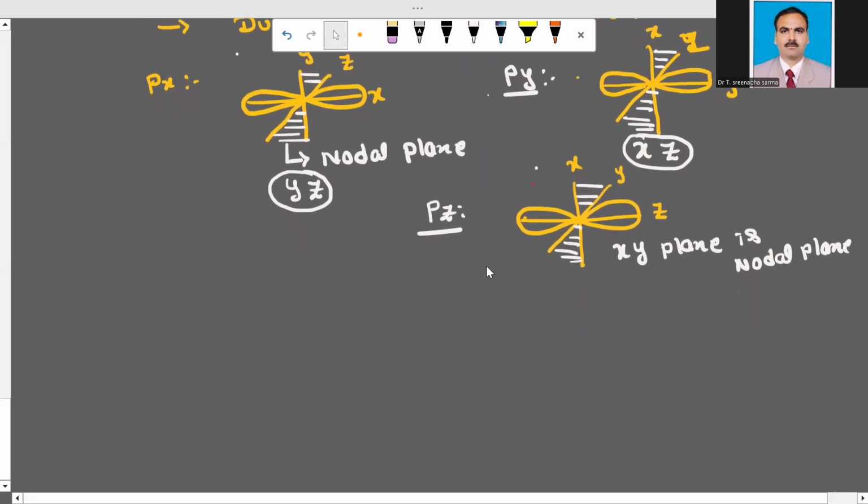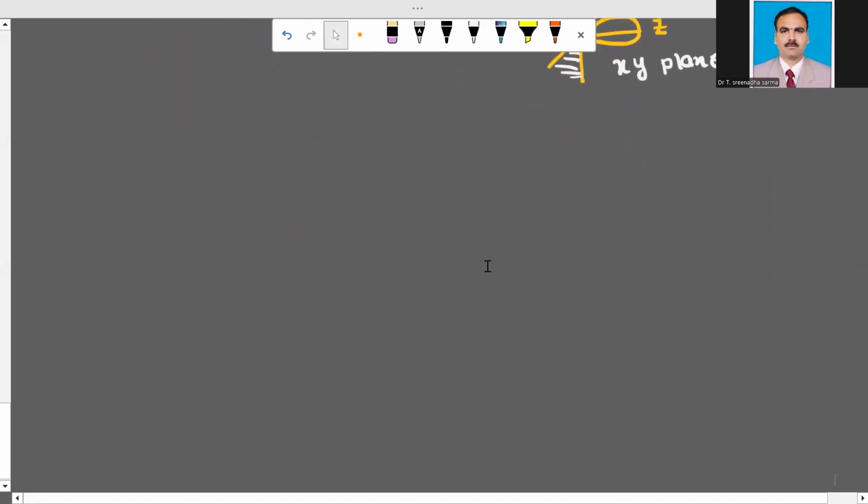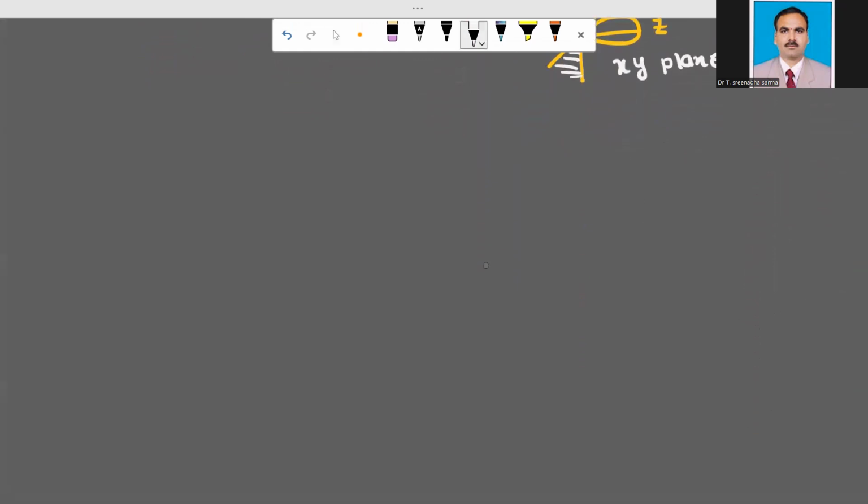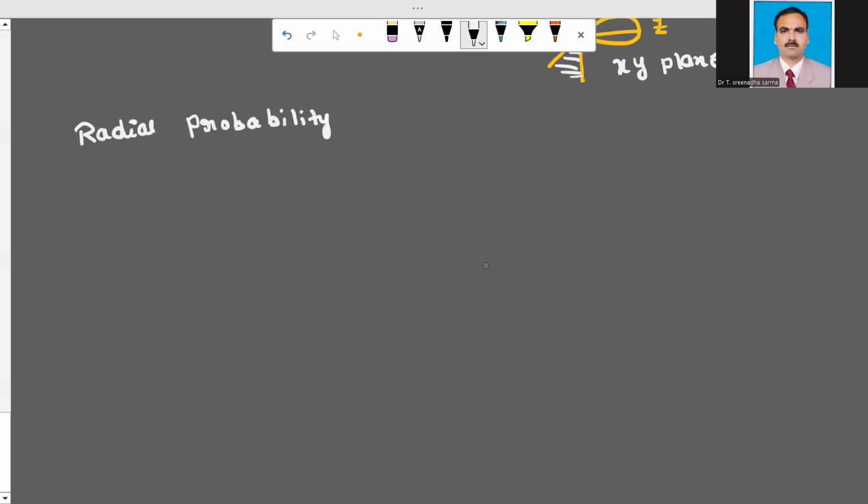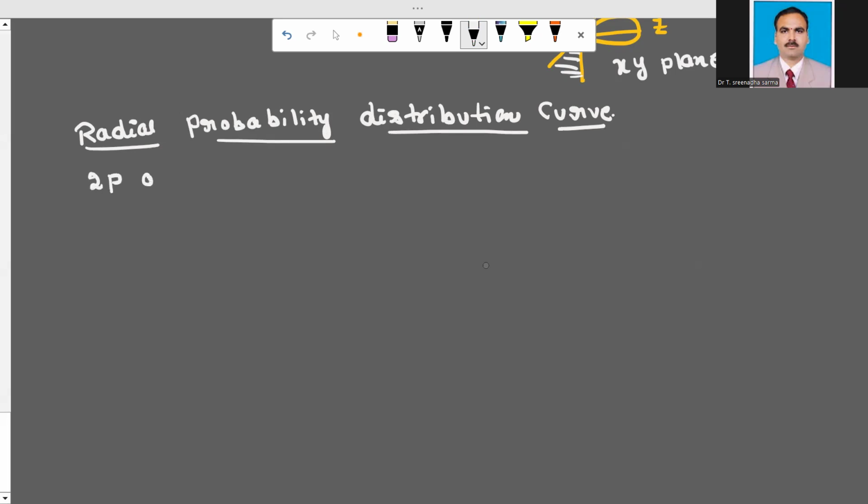Radial probability distribution curve for 2p orbital and 3p orbital. The first one is the 2p orbital.